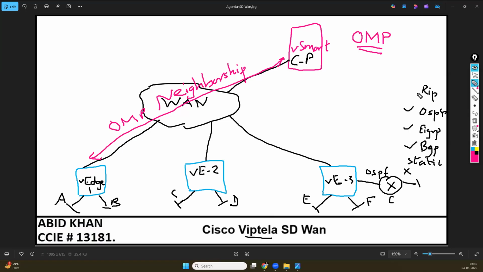But as I said in the previous session, these segments will be in service VPNs. For the time being, let's say I'm going to have 2 service VPNs.